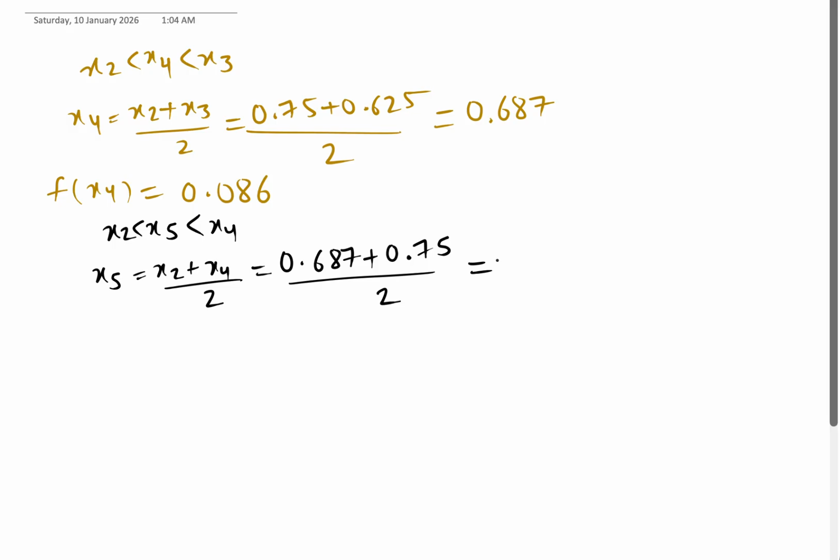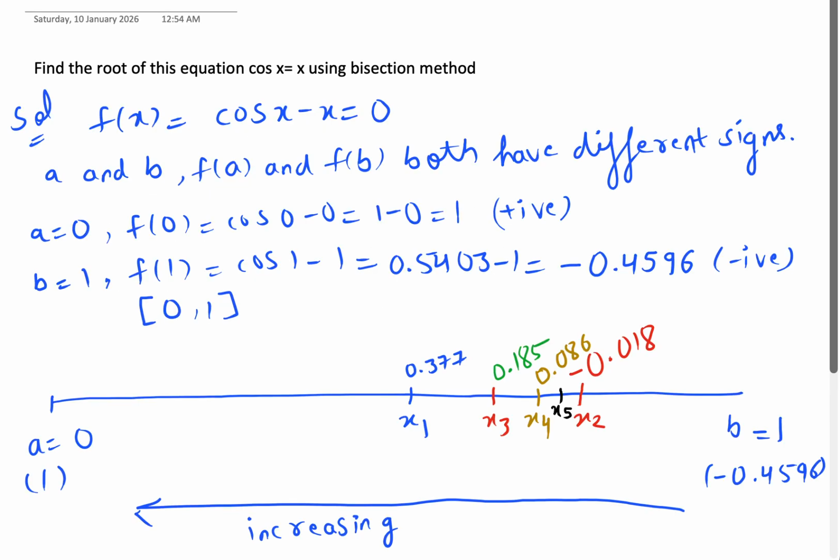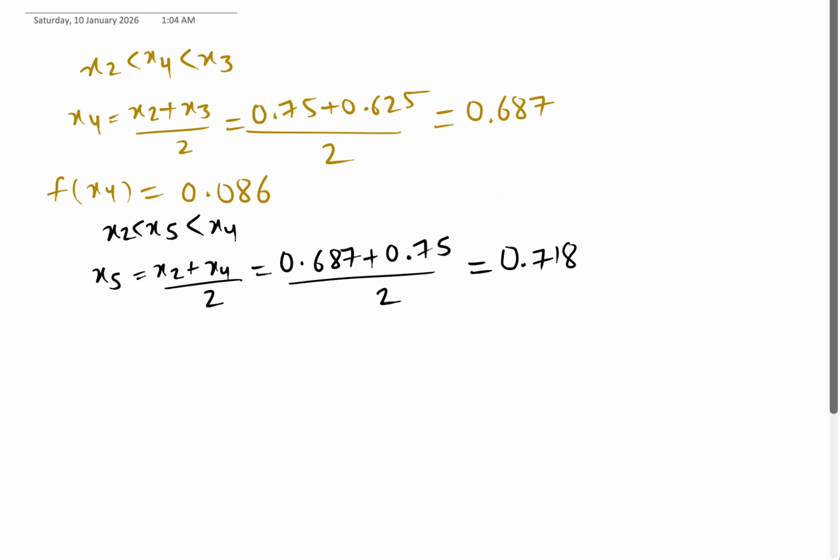So 0.687 plus 0.75 divided by 2, 0.718. Am I right here? 0.718. Okay, let me firstly calculate f of x5, then we will see.